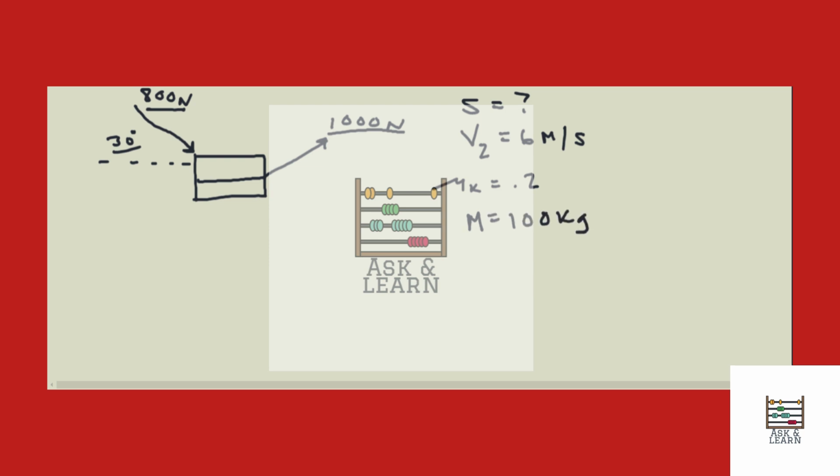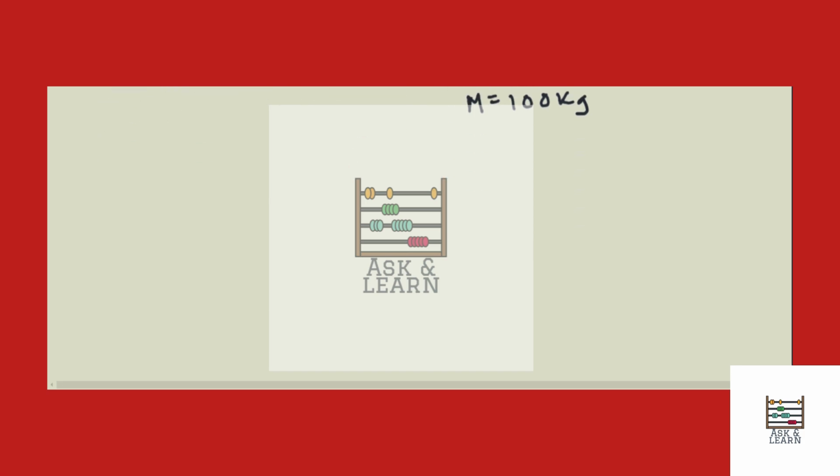Because we're dealing with forces and we want to calculate the distance traveled, we can use the equation for work, which is just force times distance. But we also are given a velocity, so we know there's kinetic energy involved, because kinetic energy deals with movement.